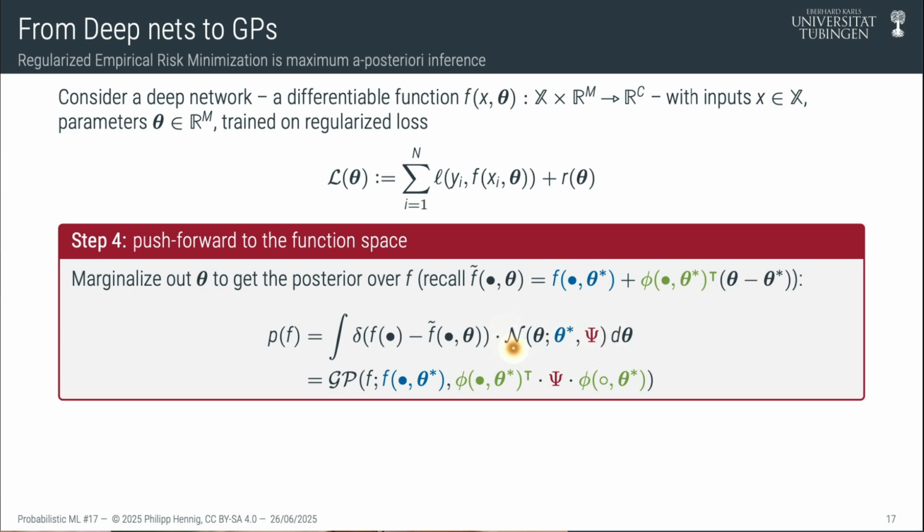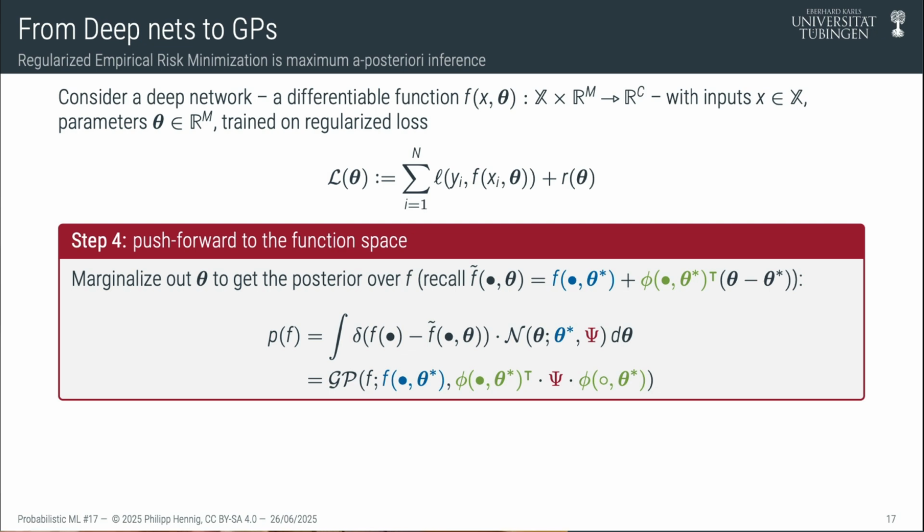We have this random variable called the parameters, which we have now identified with a Gaussian distribution, and we assume that our function is equal to this linear function. Gaussians are closed under linear maps, so the associated probability distribution over the function f is a Gaussian process.